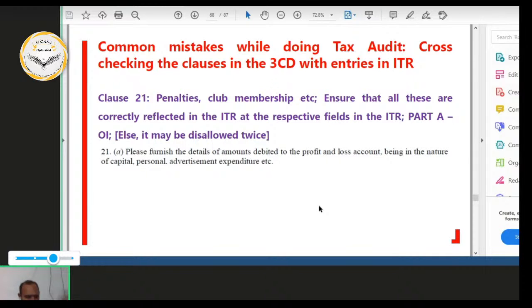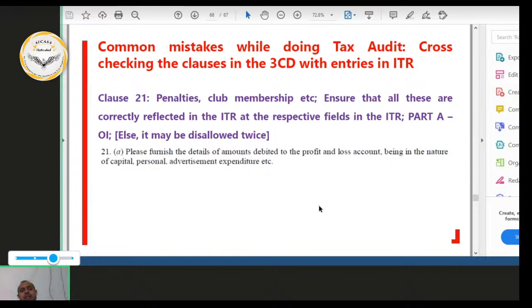Normally, in the last minute rush, article students say penalty, club membership, all expenditure, everything they will add in Excel and dump in the dumping yard at one place, gone. If you keep it like that, then what happens is, as a tax auditor, this person would have reported separately, but in ITR, he has reported in a different column or he clubbed and reported. Then because of that there is an impact.